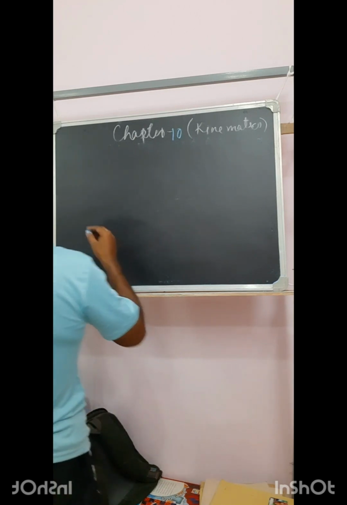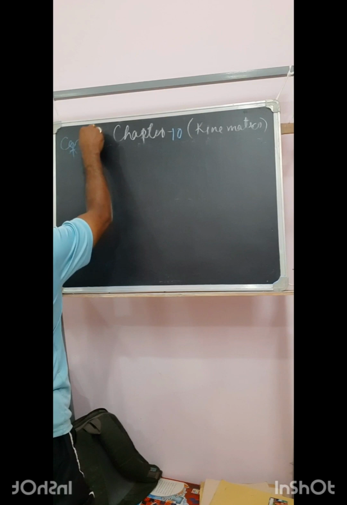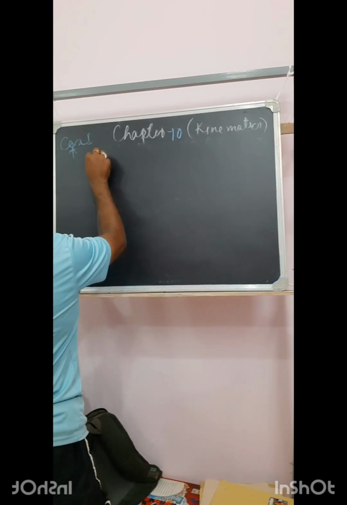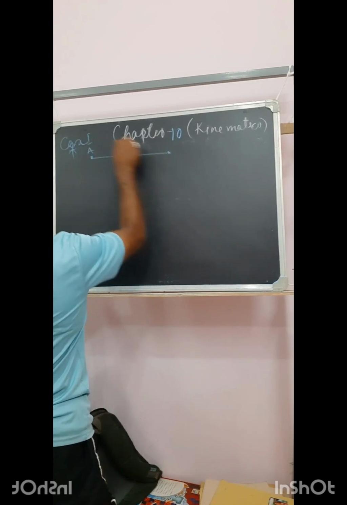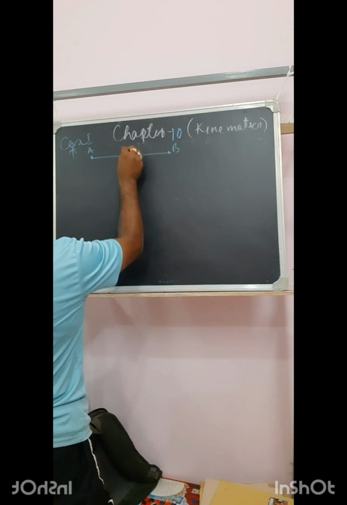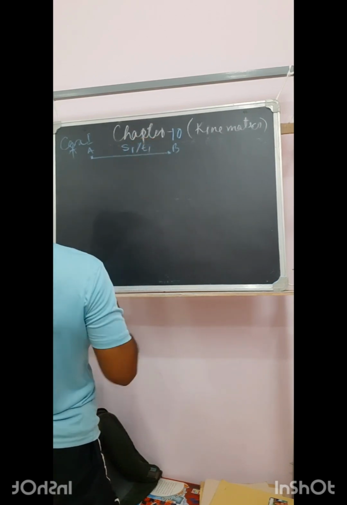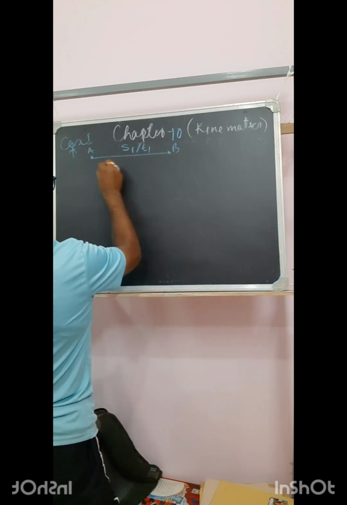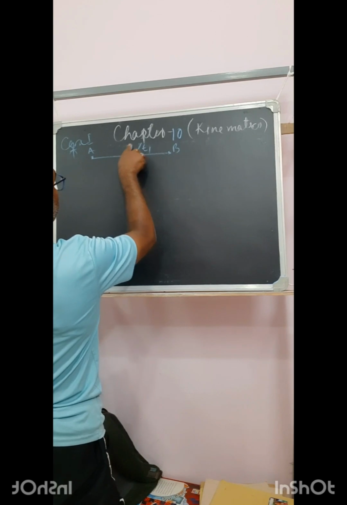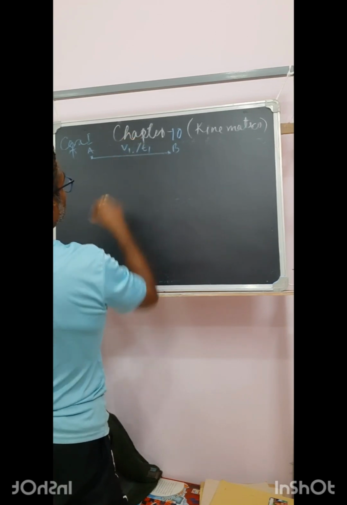So, case 1, where a particle is moving from A to B, a distance s1 in time t1, and from B to A. This will be the speed I am saying, represented as v1.